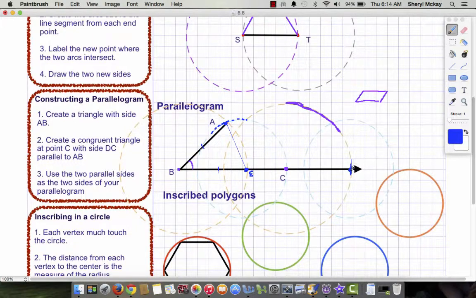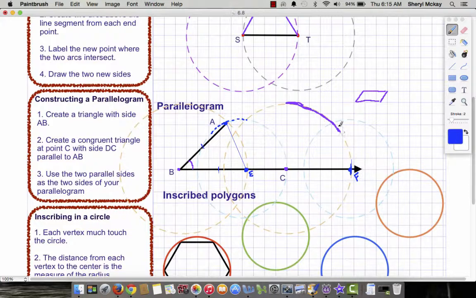Then I'm going to go up here to this new point that I created, sort of E prime, but this was ABE, and I want this point to be D, so this will be F. So go ahead and label that F.